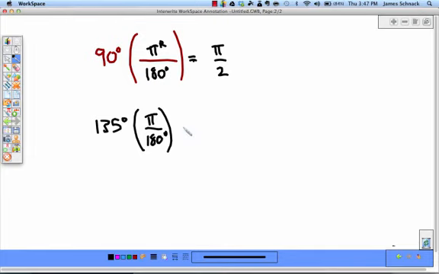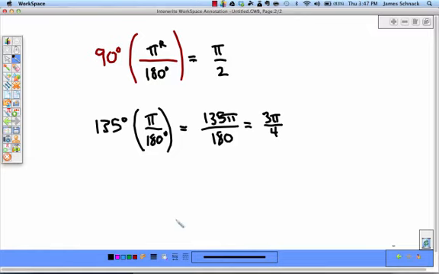The degrees would cancel, leaving us with 135 pi over 180, and that reduces to 3 pi over 4, 3/4 of pi. 135 over 180 is 3/4. And again, we could put that into our calculator and get a decimal approximation.